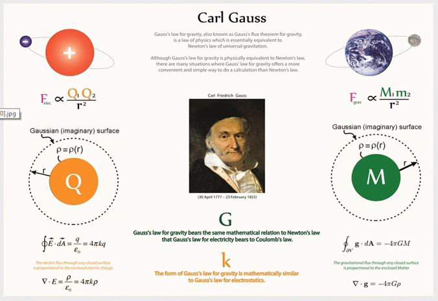Carl Gauss applied mathematics to the problem, again erroneously using 4 pi spherical geometries in calculating his solutions. They work extremely well for planets and their satellites, as noted on the top right, and they also work well for charged objects, protons and electrons, as noted on the left.